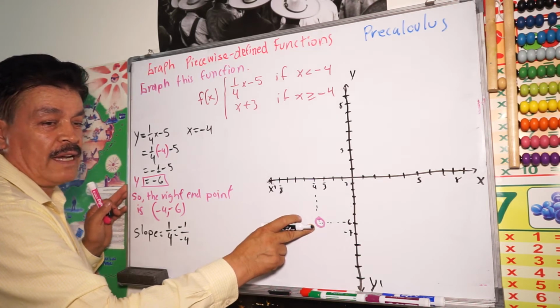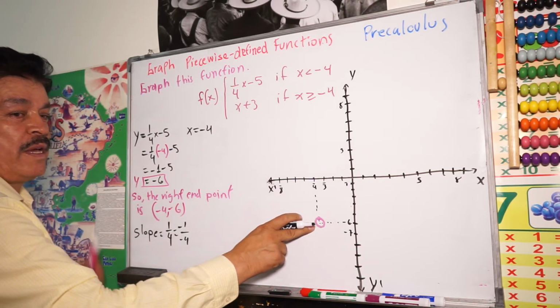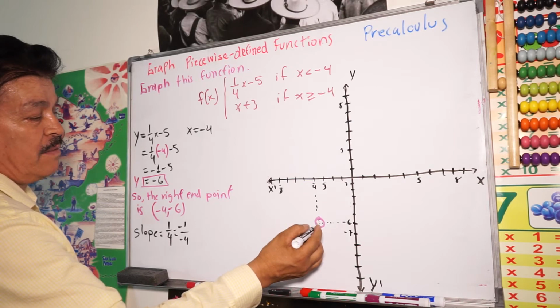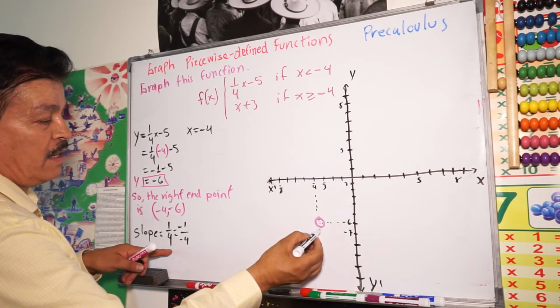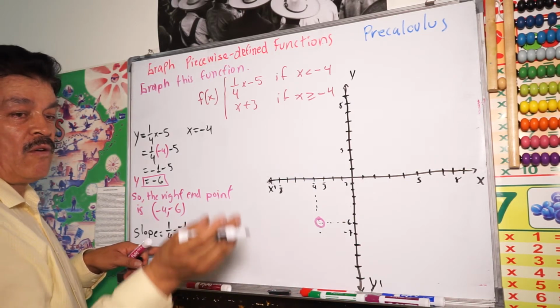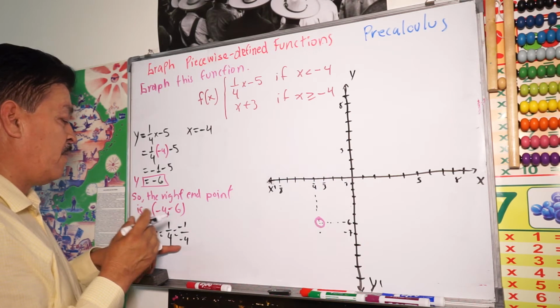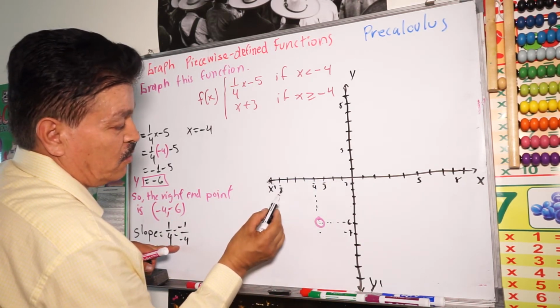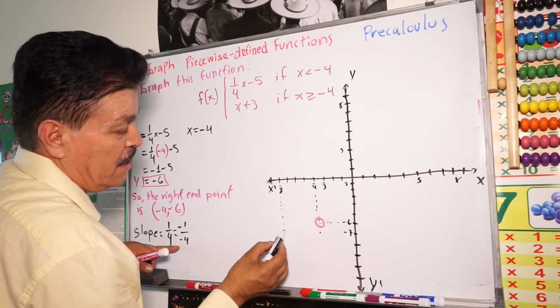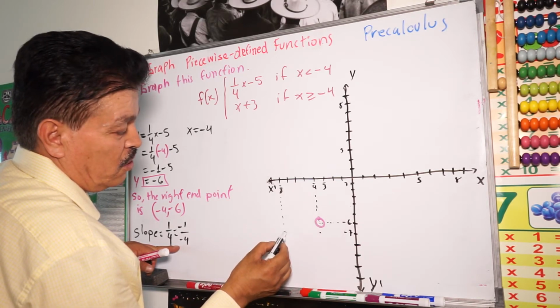So move 1 point, right here, and then move 4 to the left: 1, 2, 3, 4, it's going to be right here.